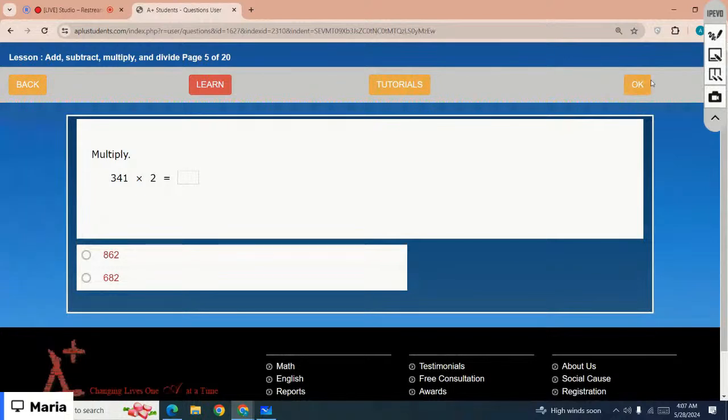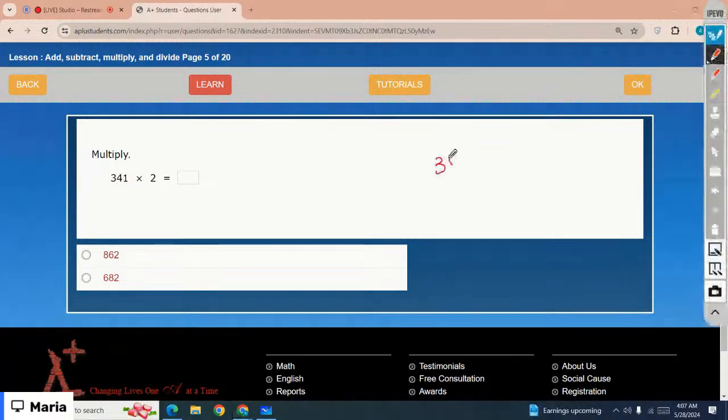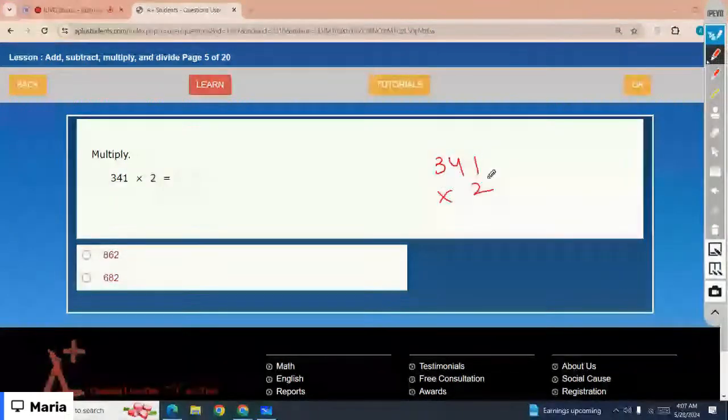341 times 2, which is the correct option? You have to do 341 times 2. So start multiplying with the ones digit. 2 times 1 is 2.